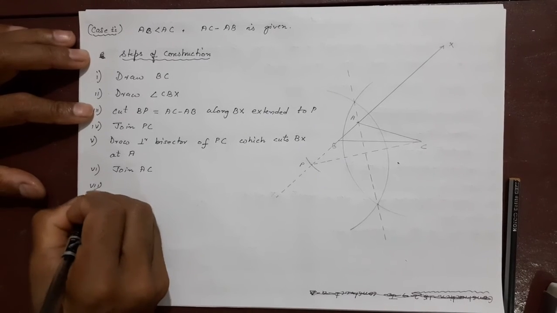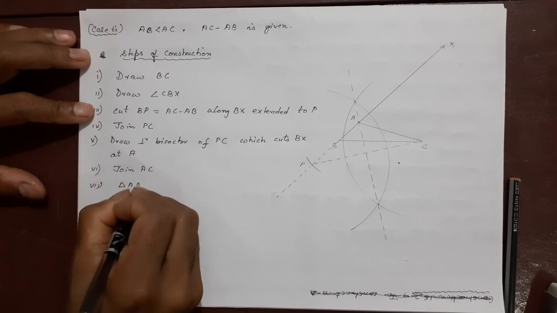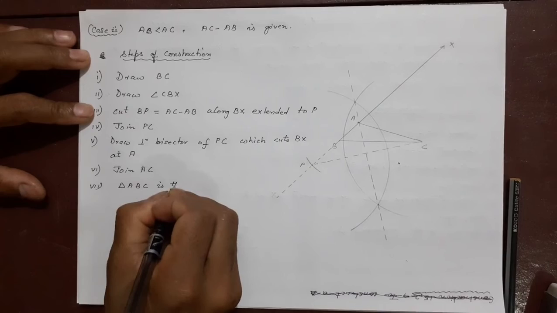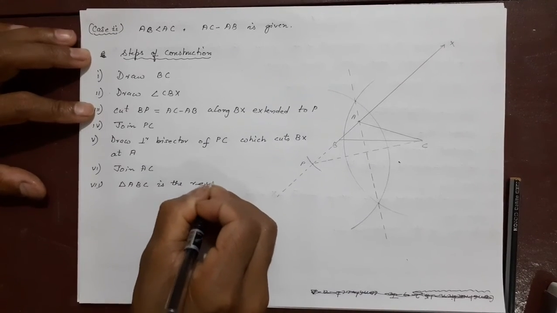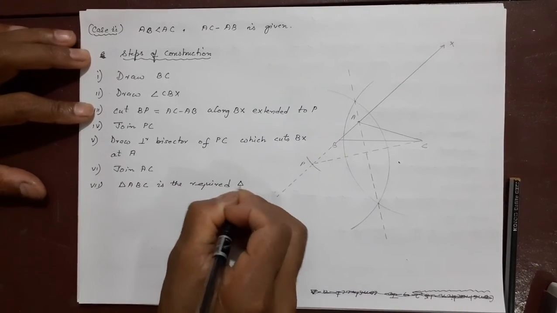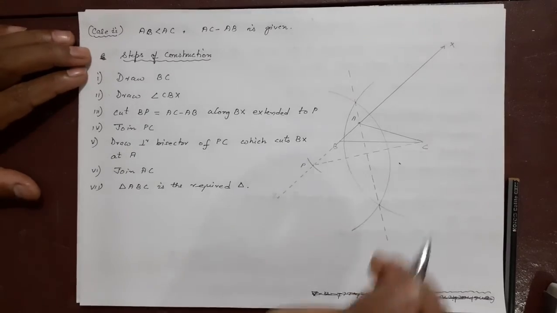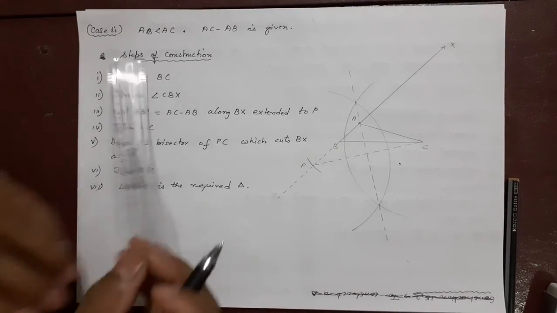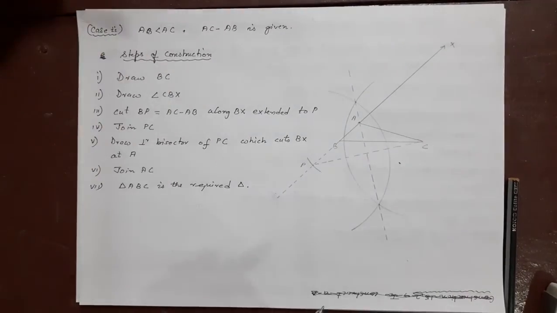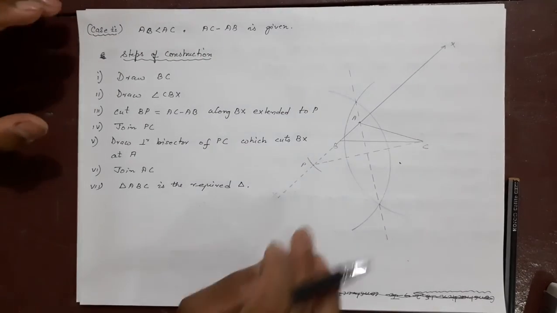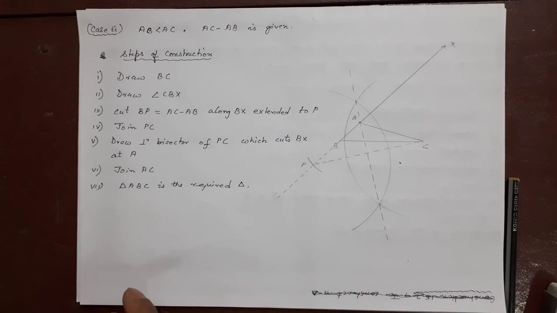The next step is, triangle ABC is the required triangle. Done, you made this triangle visible. Now just to check, ensure AB is less than AC. So this type of question will look like this. The triangle will be like this. Thank you.